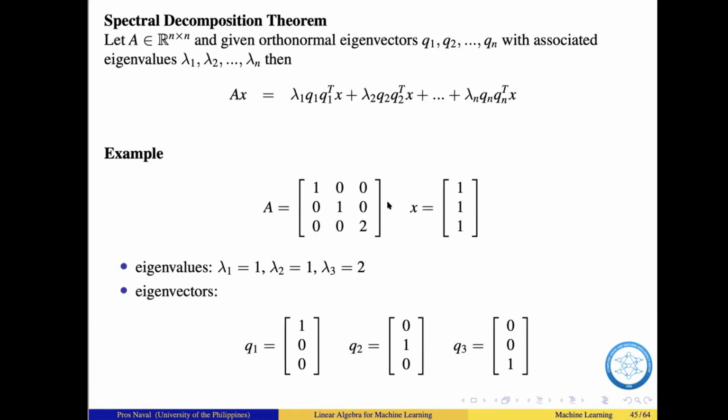We don't know yet how to compute the eigenvalues, but we'll get into that later on. But suppose we already know the values of the lambdas, and the eigenvectors are these quantities here. We would like to see what happens when you multiply x with A. What is the transformation?